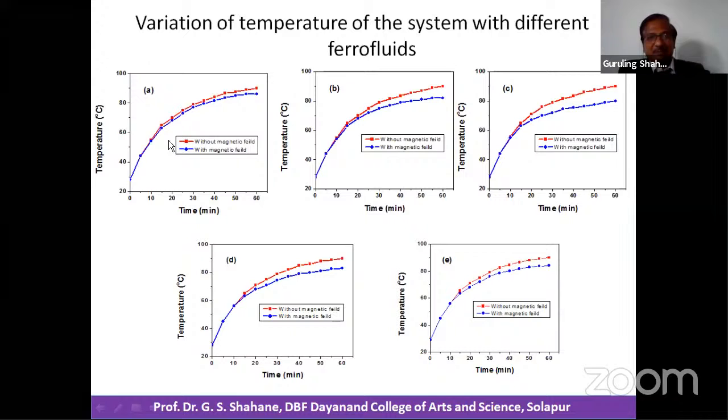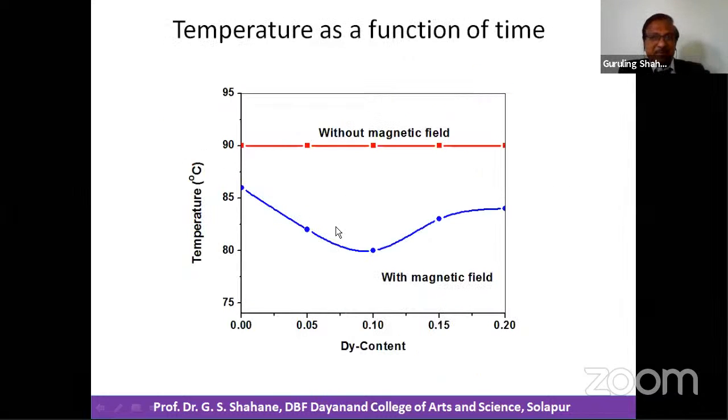You will see that this red one is without magnetic field and this blue one is with magnetic field. You'll see that this curve shifts in the downward direction. So maximum temperature is shown here.